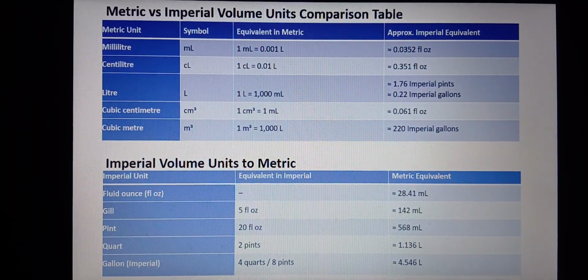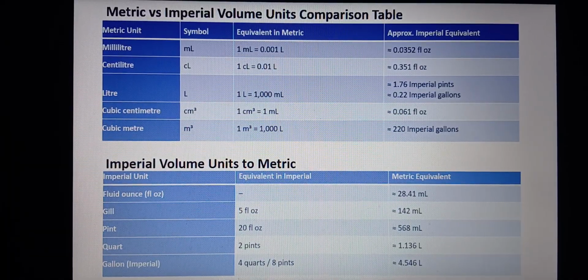Here are some tables which show the metric system versus the imperial system, the volume units that are being compared with one another. I won't go through the whole table, but you can basically see there on the metric system, the top table, the symbol is mL for milliliters, the symbol is CL for centiliters, for liters it's L, for cubic centimeter it's CM3, and cubic meter is M cubed.